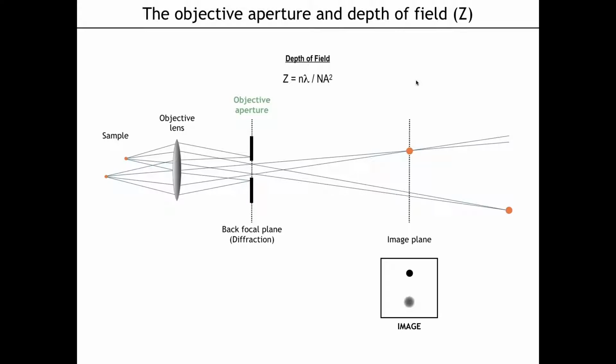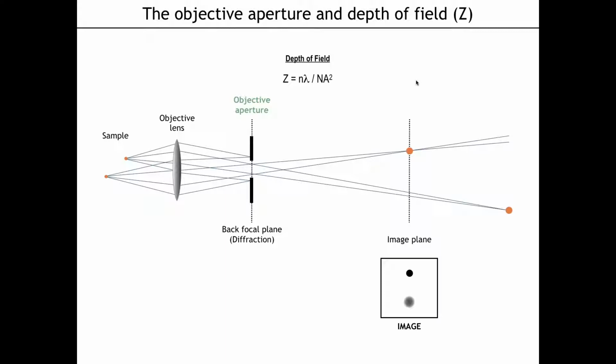and these are 2 points on your sample, and your sample scatters, then the objective lens will refocus that scattered radiation. The objective aperture will then filter out some of the widely scattered electrons. This is for a high NA, regardless of whether it's a light or electron microscope.